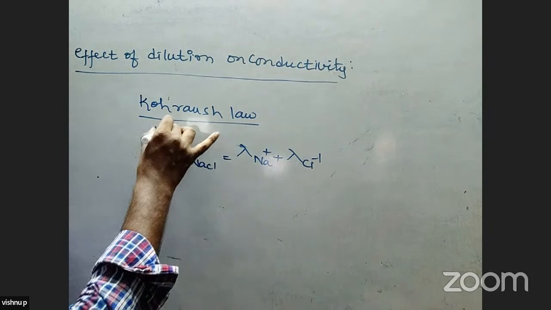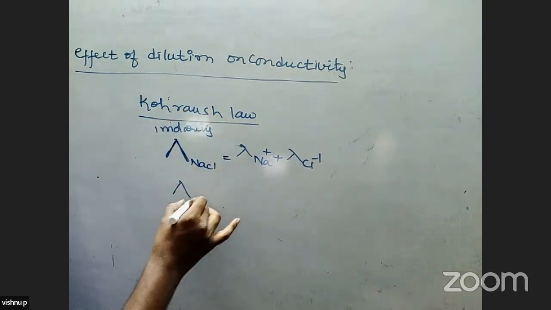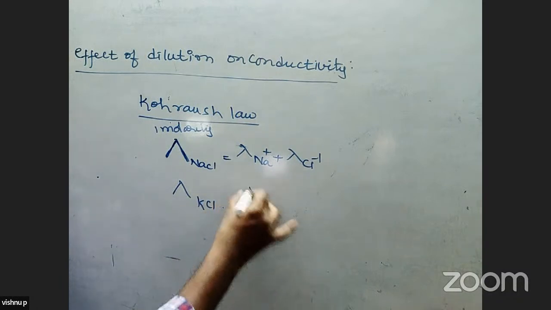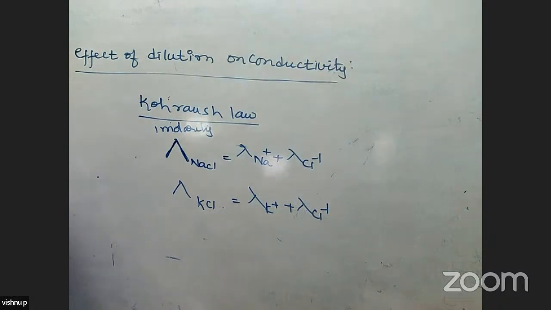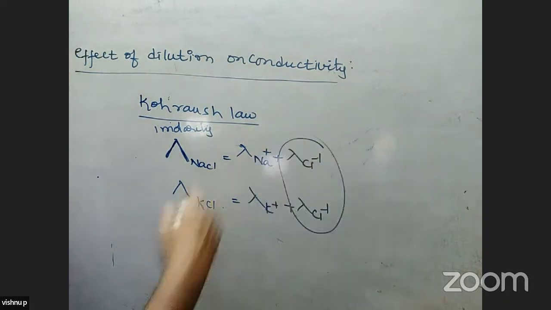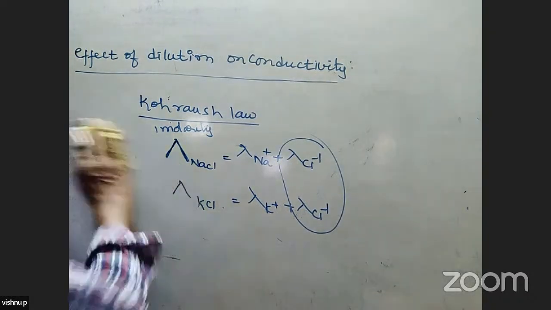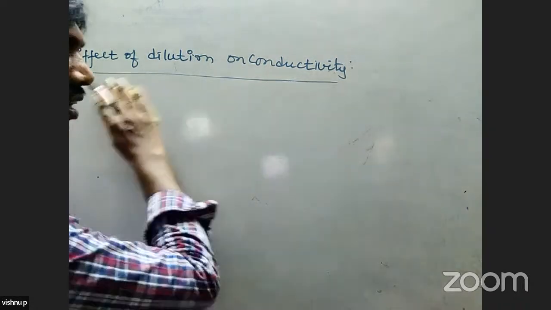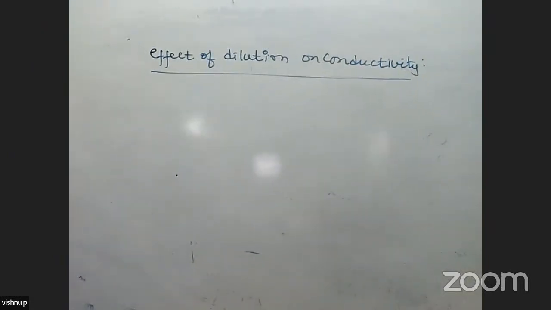If you take 1 molarity NaCl, and in the same way 1 molarity KCl, the conductivity of K plus and the conductivity of Cl minus. In these two cases, the conductivity of chloride is the same. Means the conductivity of one ion, the same ion present in different electrolytes, is not influenced by other ions. That is Kohlrausch law. With the help of this, we can find out the conductivity of weak electrolytes.